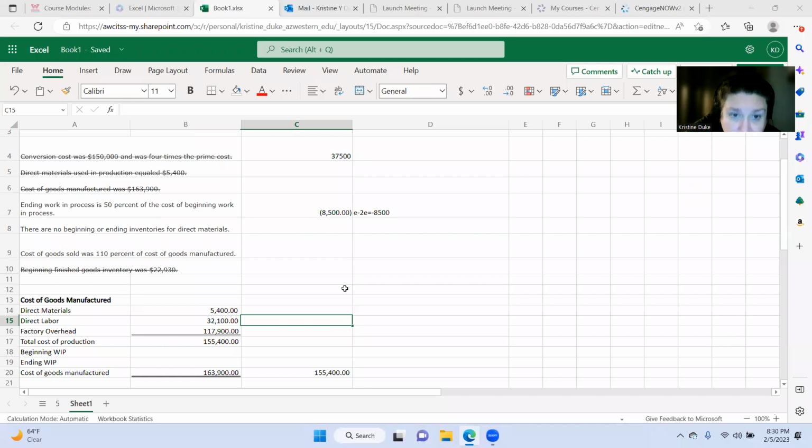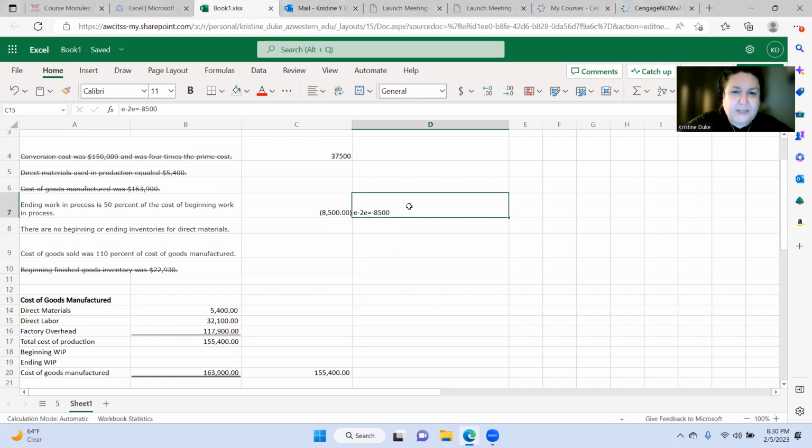Okay, so what I did is I created a formula, if I can remember my college algebra days. I said, okay, I need to solve for the little information we have. So we know that ending work in process is 50%. So I'm going to use the variable E minus, because ending work in process, we're going to end up subtracting.